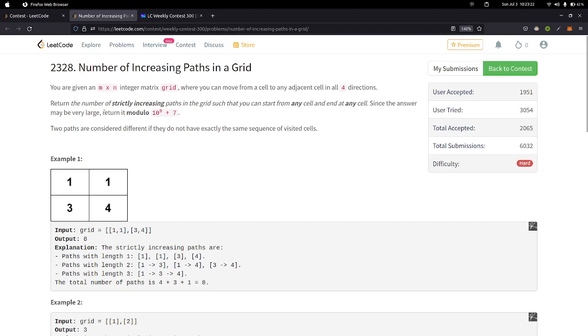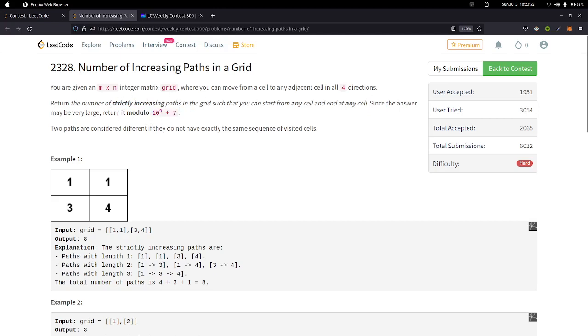And we have to return the number of strictly increasing paths in the grid, such that we can start from any cell and end at any cell. So there's no length restriction for the increasing path. The only restriction is that the paths should be strictly increasing, which means every subsequent value should be greater than the previous value, right? And then again we need to return the total number of increasing paths, which will be very, very huge.